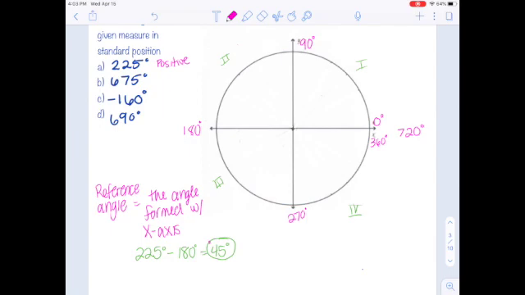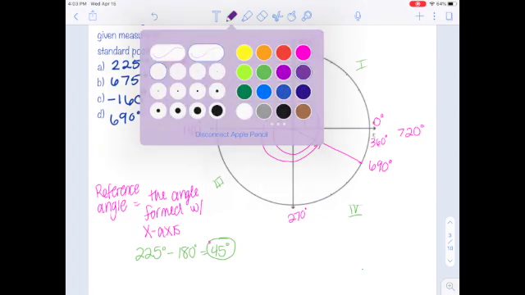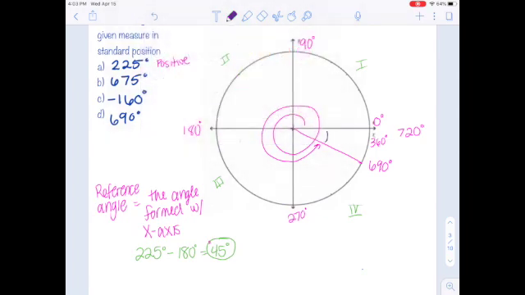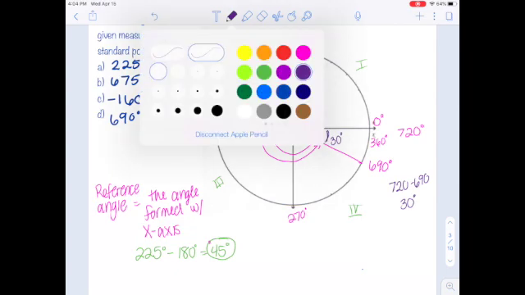And you'll see that it's actually closer to the x-axis than part B, the 675. So it's about here. So almost 2 spins would be our 690 degrees. And that angle would have a reference angle of 720 minus your 690, which gives you a reference angle of 30 degrees.